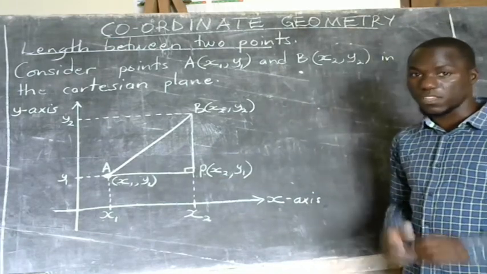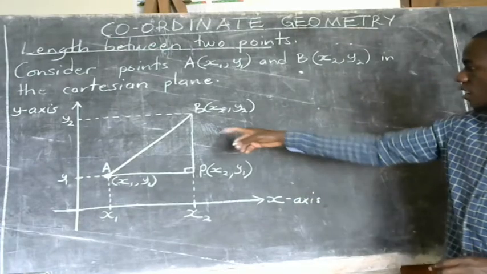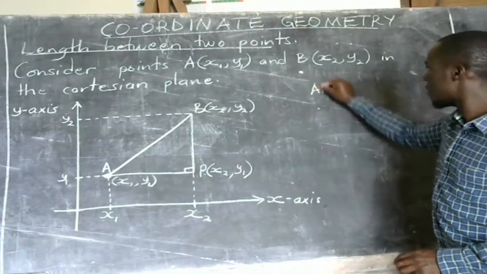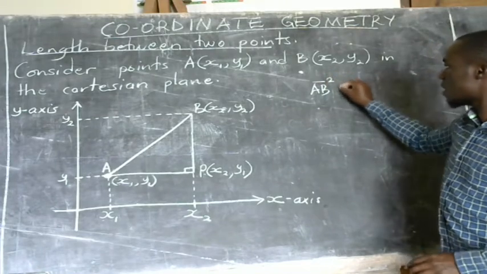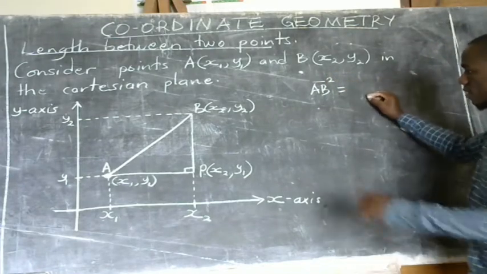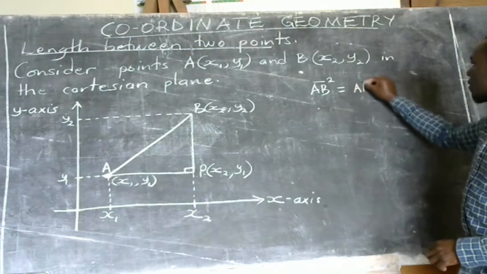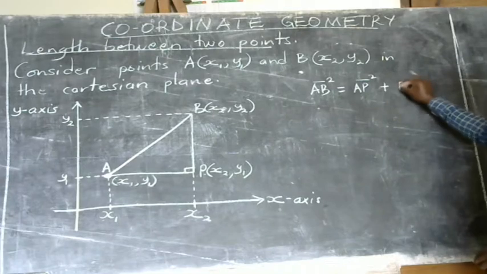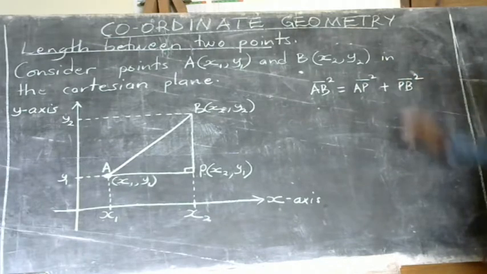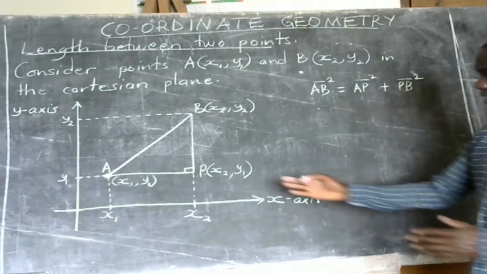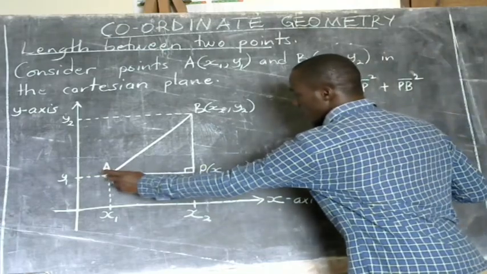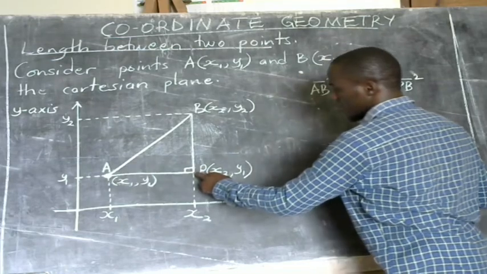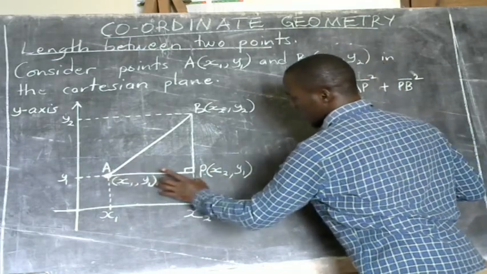So when I use Pythagoras Theorem, I have AB squared is equal to the length AP squared, plus length PB squared. To get my length A to P, from point A to point P, I'll be subtracting the 2.